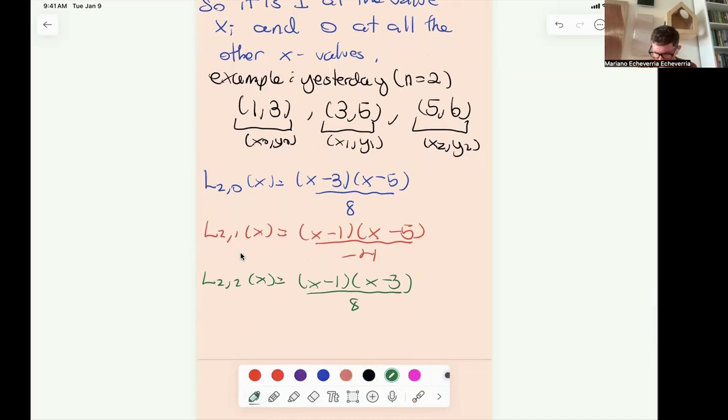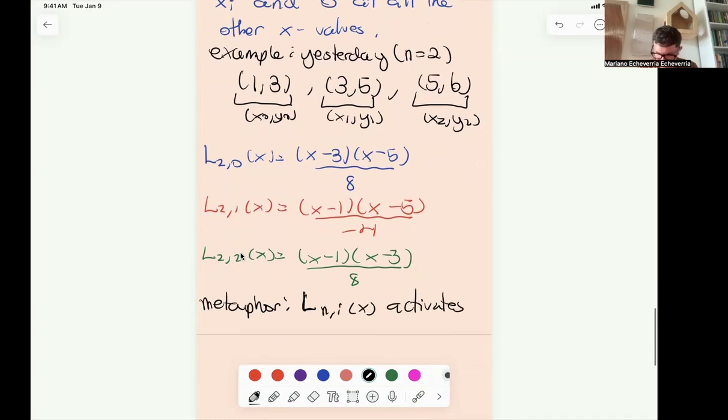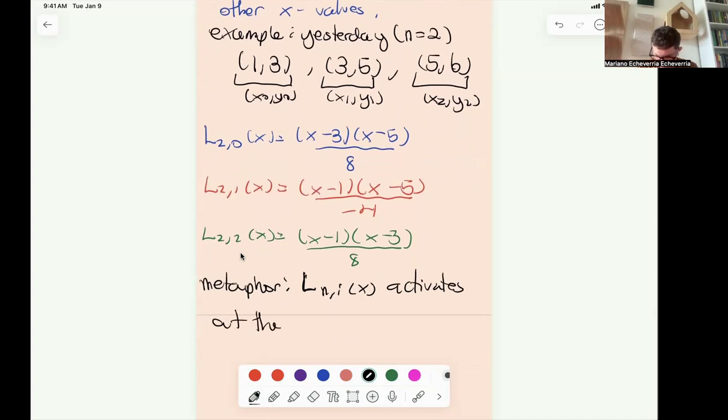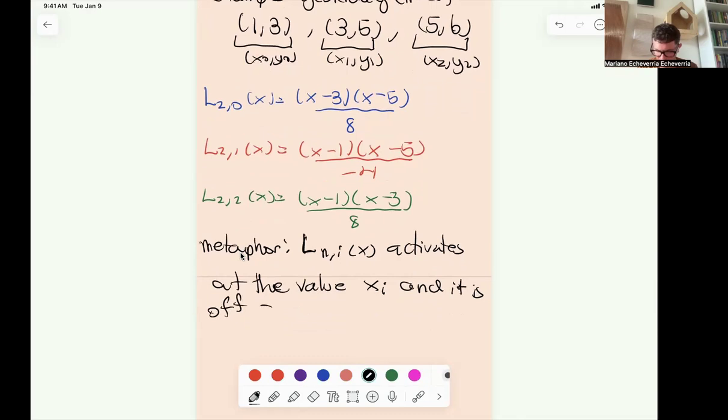A metaphor to keep in your head is that the polynomial activates at the value xi, and it's turned off at any other values.